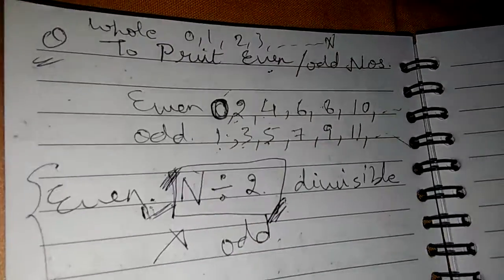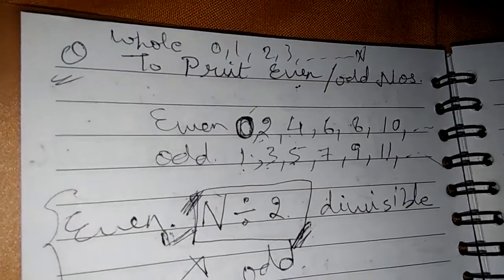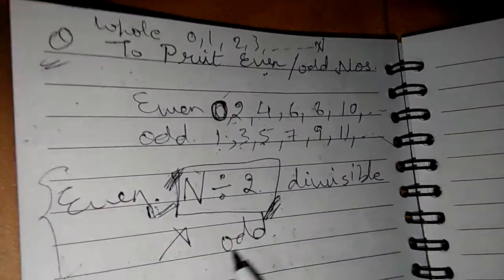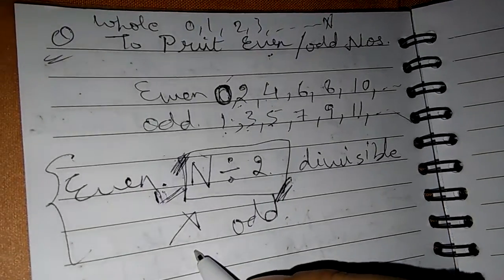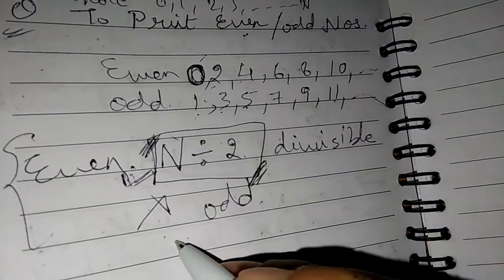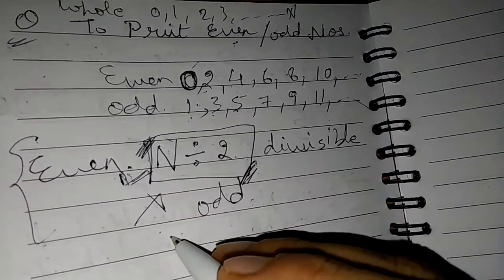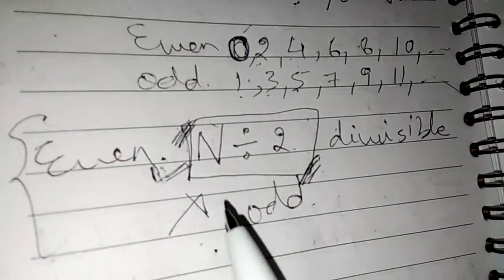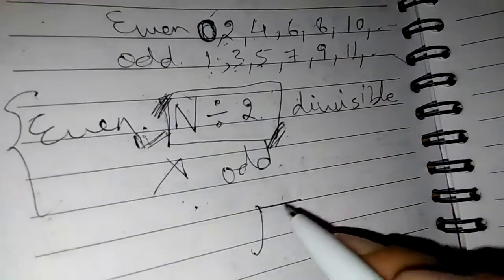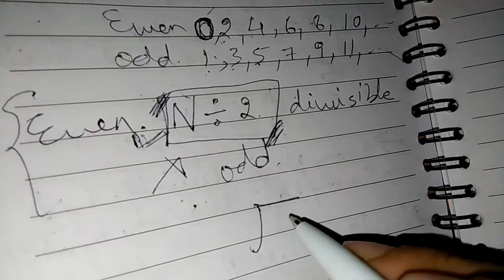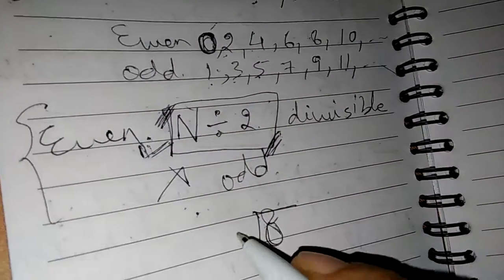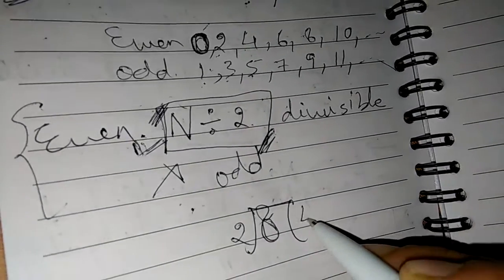First I'm writing a program to check whether a number is even or not. I have already discussed this in my previous videos, but I will discuss it here again. How will we check that a number is divisible by 2 or not? Suppose I take 8 and divide it by 2.